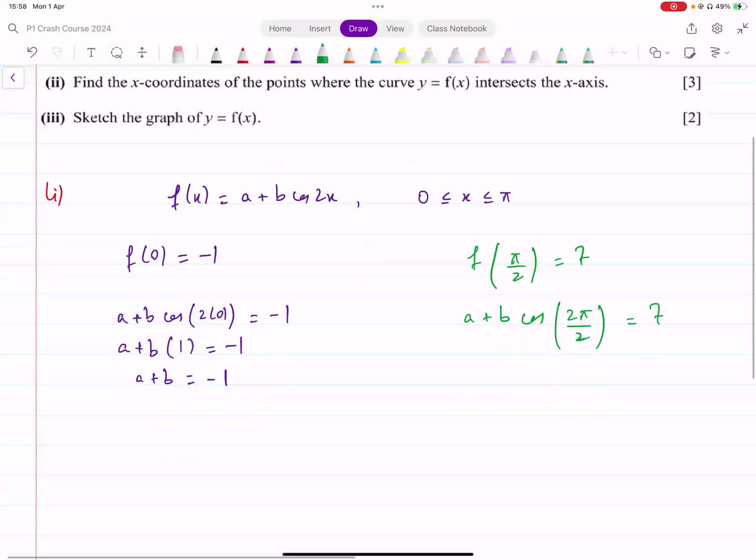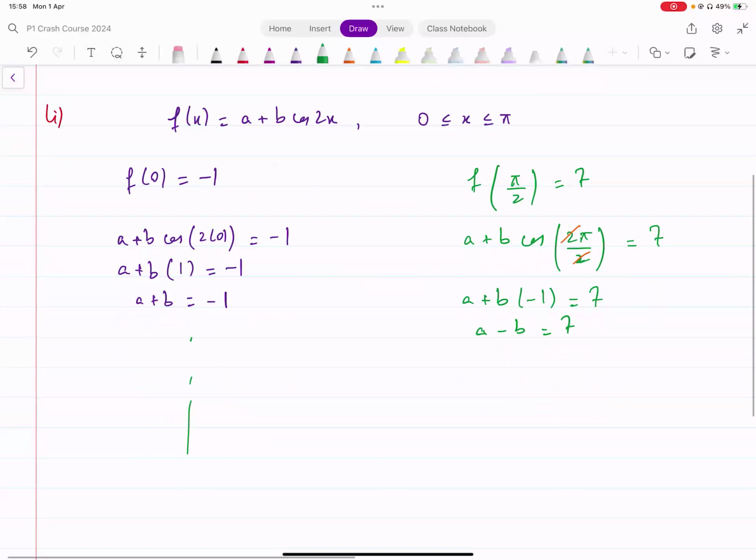What does that give you now? A plus b, the 2 and 2 get cancelled. Cos of pi is -1. So it becomes a plus b into -1 equals 7, and you get a minus b equal to 7. You get two equations. You solve them simultaneously, and you would get the values of a and b. You can try that.